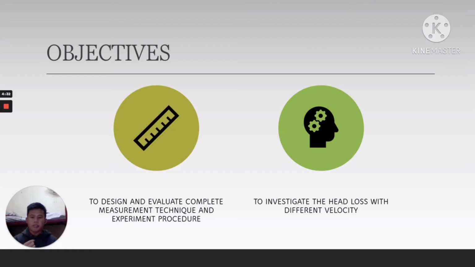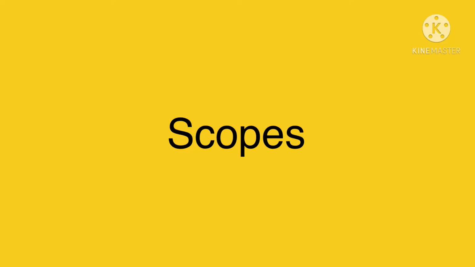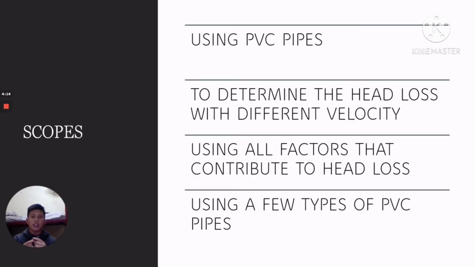Our objective is to design and evaluate complete measurement techniques and experiment procedure, and also to investigate the head loss with different velocity. Our scope is we are using the PVC pipes to determine the head loss with the different velocity in PVC pipes.